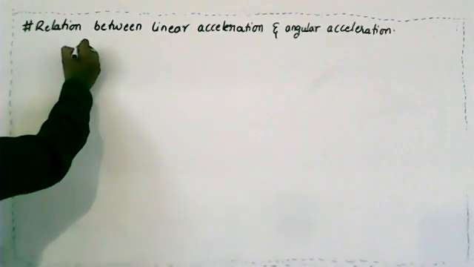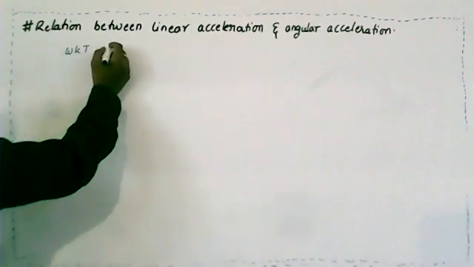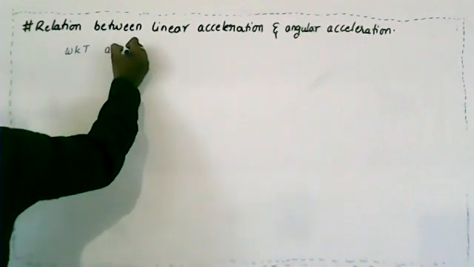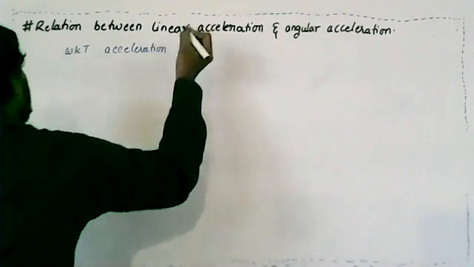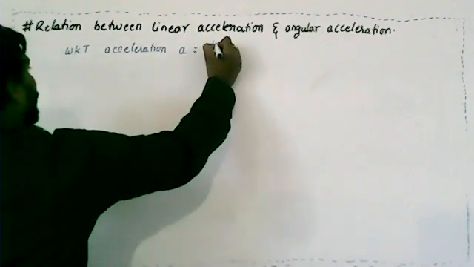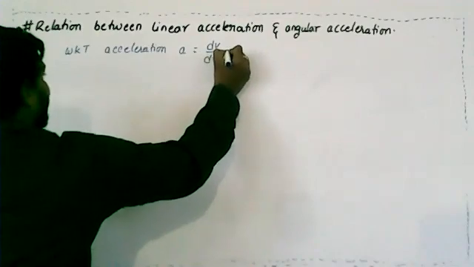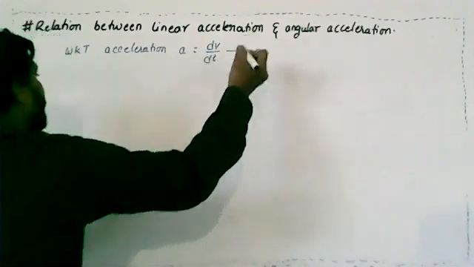We know that linear acceleration, which I will take as A, can be taken as the rate of change of linear velocity. I will take it as equation number 1.